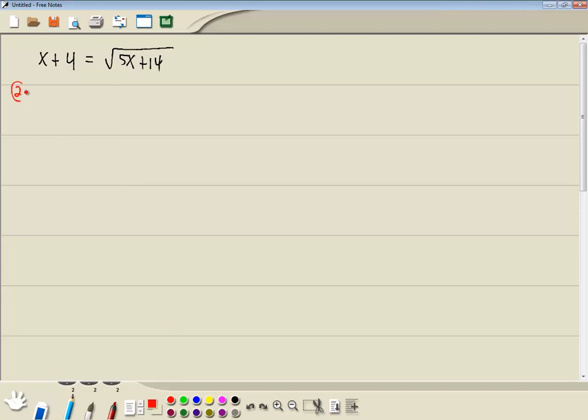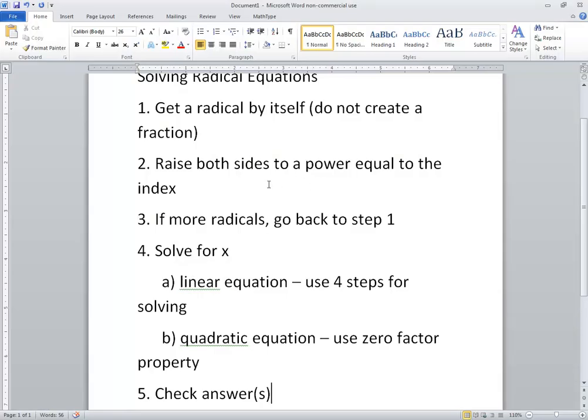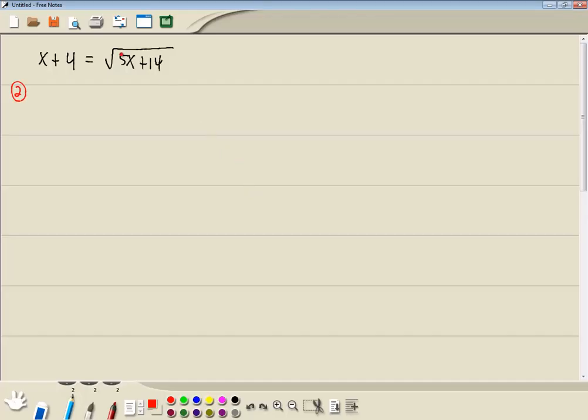Step 2. Raise both sides to a power equal to the index. Now remember, your index is whatever number's in this slot right here. And if you don't have a number in that slot, then by default your index is 2, which means we're going to square both sides. So we got x plus 4 squared is equal to the square root of 5x plus 14 squared.